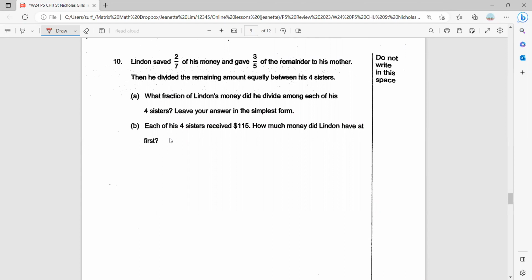Okay, so 2/7 of his money, right? Let's draw 7 units. Okay, so 2/7 is what he saved.